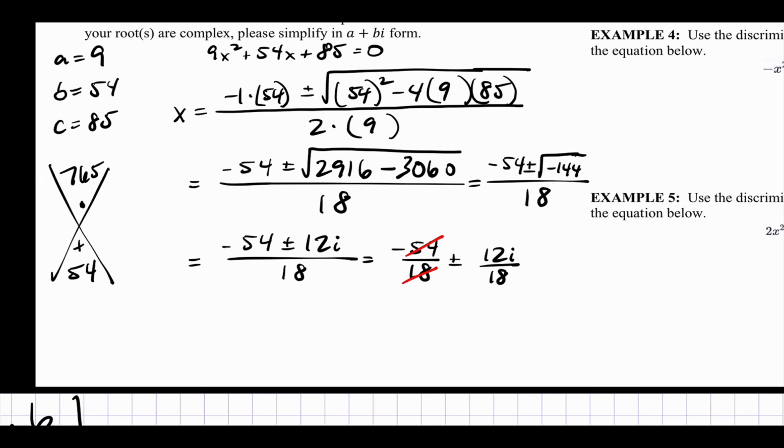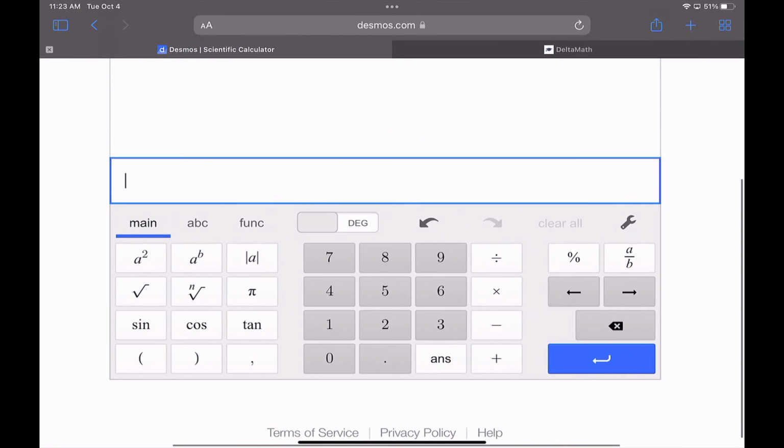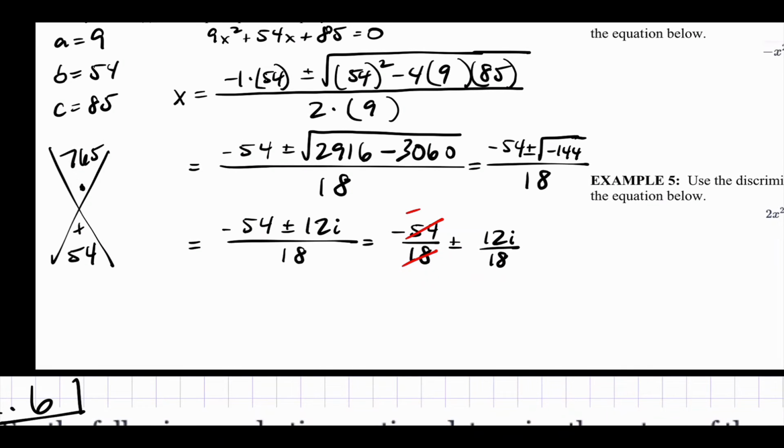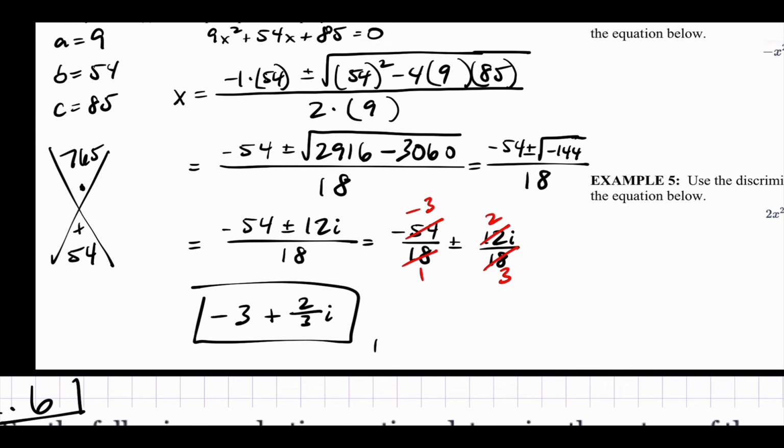You can reduce both of these guys by 18. 18 goes into both of them. 54 divided by 18, yep, 3 times. So -3 and 1. And then these guys you can divide by 6. So you get two answers. -3 over 1 plus 2/3 i, and -3 minus 2/3 i.